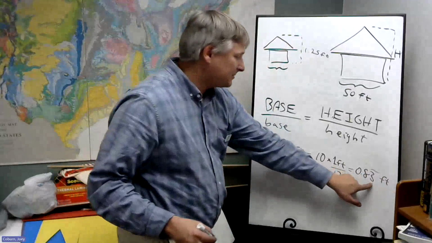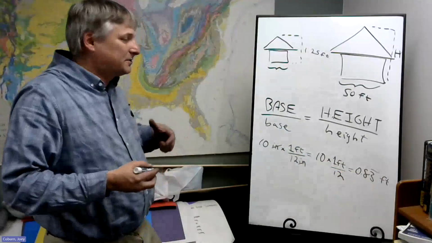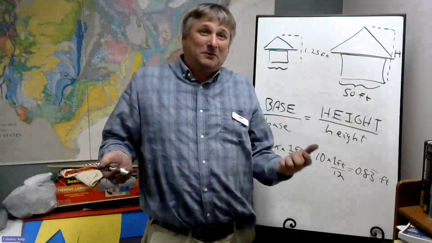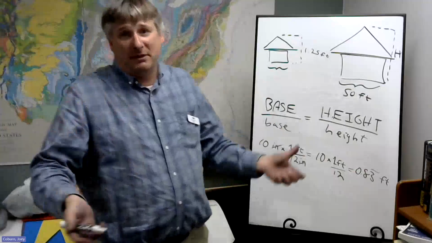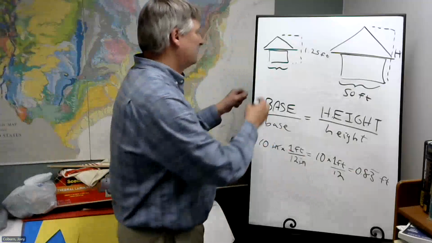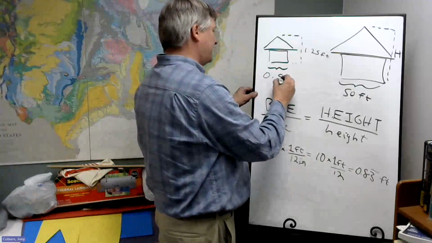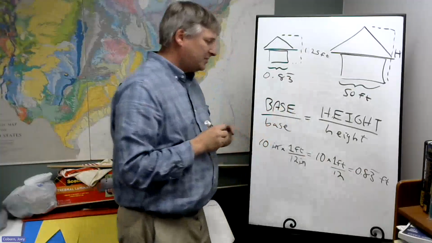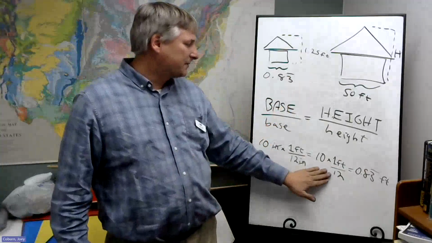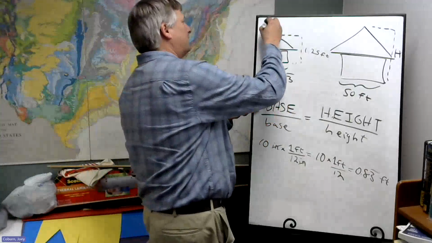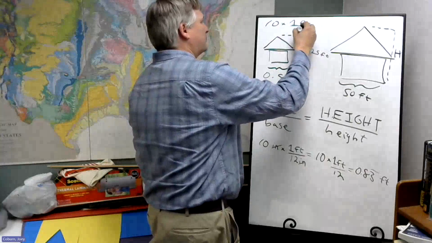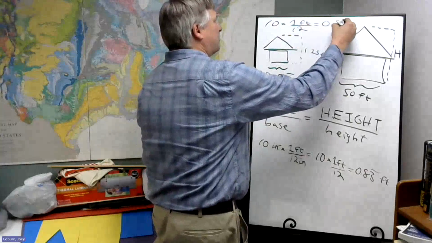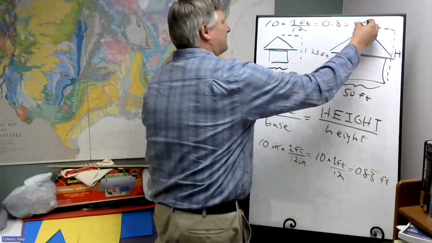In this repeating decimal, we want to be careful because if we don't actually have the full decimal number, we could be dealing with round off error. In fact, we're always going to be dealing with round off error. So we want to be careful with this. And this might be something I want to put off to the side. 10 times 1 foot over 12 is 0.83 repeating feet.